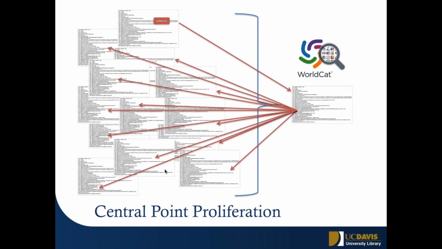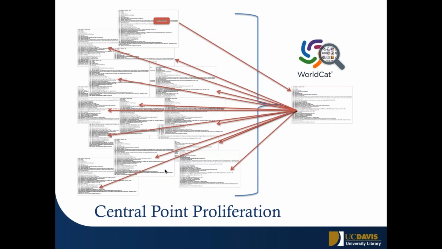Now, we currently have systems, NACO, and various systems for dealing with this, and they all work fundamentally the same way, which is there's some core central point of proliferation. I need something new, so I've looked it up from there. I need something new, I create it, and I send it on, right? And it goes there. Now, in some cases, if I'm a NACO participant or in different situations, I'm lucky enough that I can count on the fact that what I put into my record is going to be the new one, and so I'm not going to have to go back and change my record.